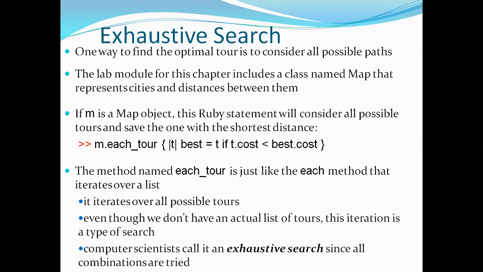This iteration is a type of search, because we find different kinds of tours in this route map, not only according to the sequence of each city or point being generated. Computer scientists call it an exhaustive search since all the combinations are tried out.